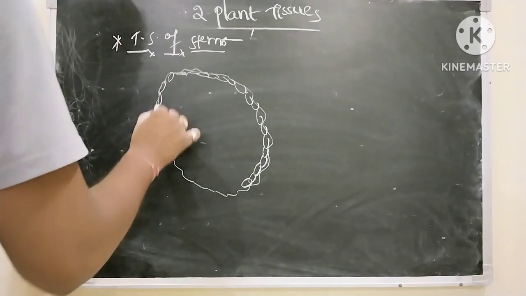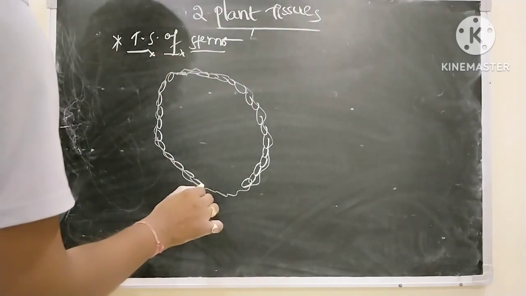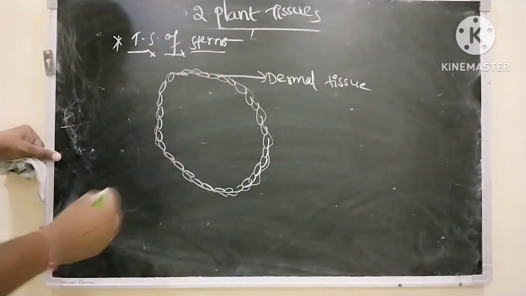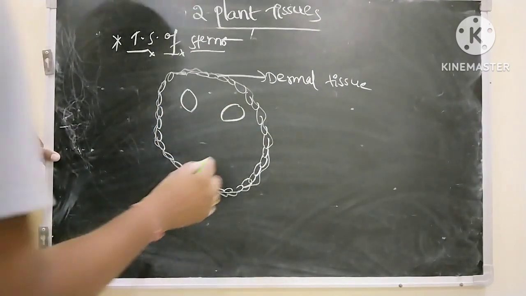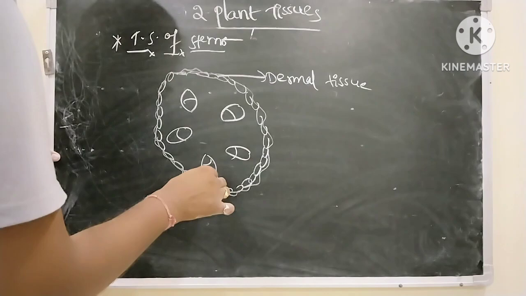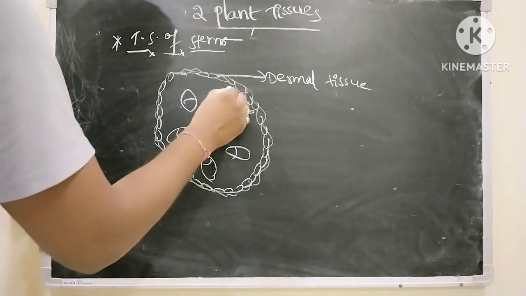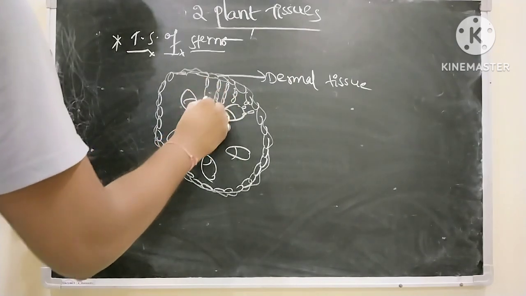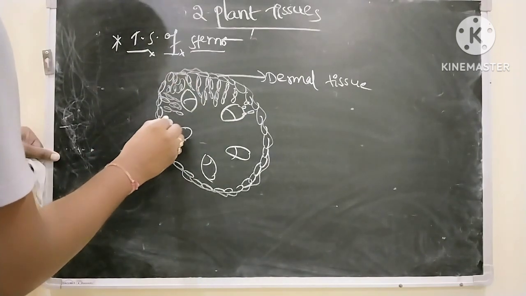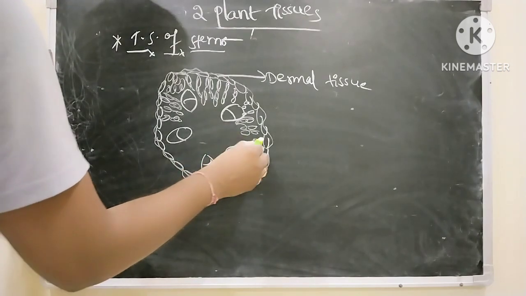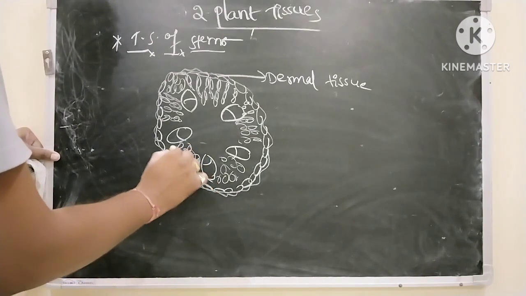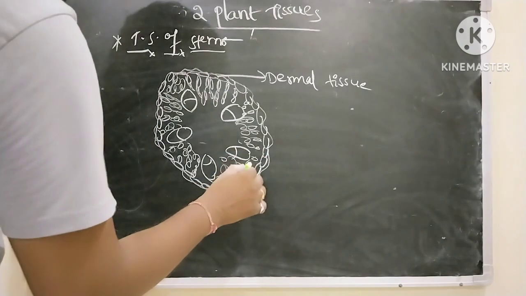From the dermal tissue inward, these cells are the meristematic tissue, and all the remaining tissues are produced from meristematic tissue only.